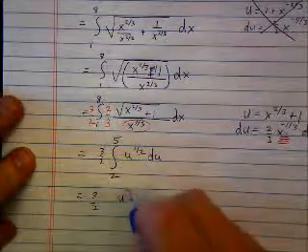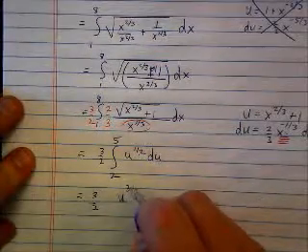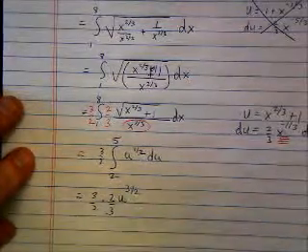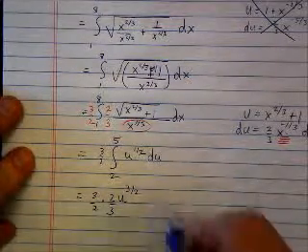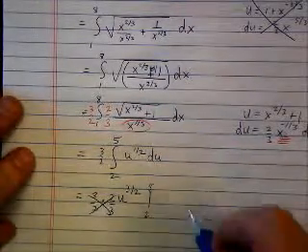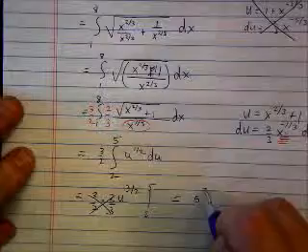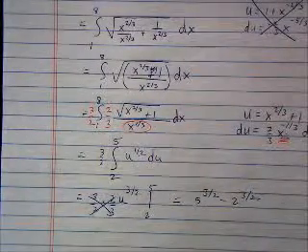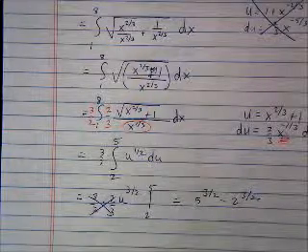U to the, add 1 to your power, 3/2, divide by your new power, same as multiplying by 2/3. Flip and multiply. Well, that's fairly nice because those reduce. So my final answer is 5 to the 3/2 minus 2 to the 3/2. If I wanted to, I could grab my calculator and get a little decimal.